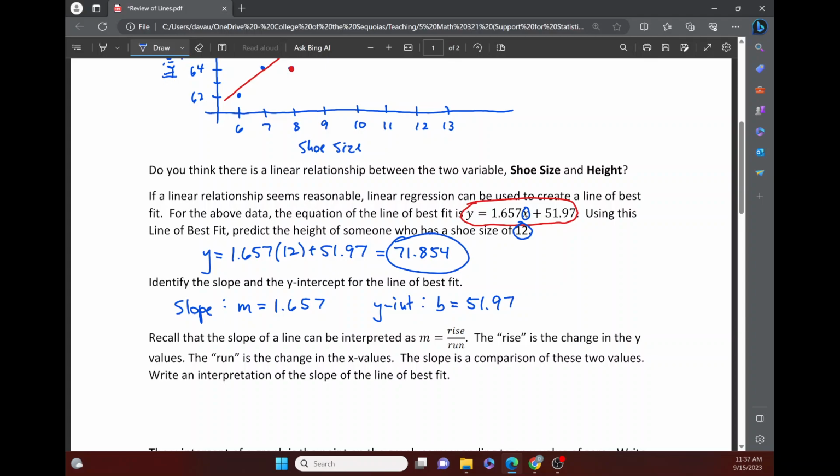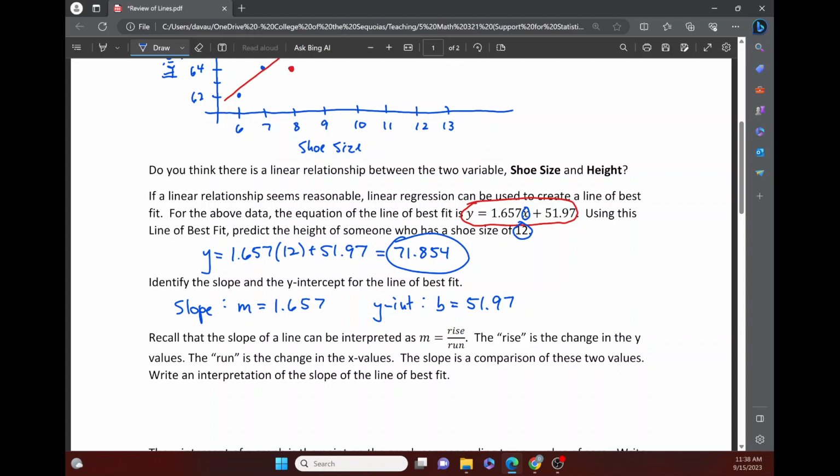Okay, it's important for us to be able to identify these things because they both have important interpretations, okay? So you may recall that the slope of a line can be interpreted as rise over run. The rise is the change in the y values, and the run is the change in the x values. So the slope is a comparison of those two values.